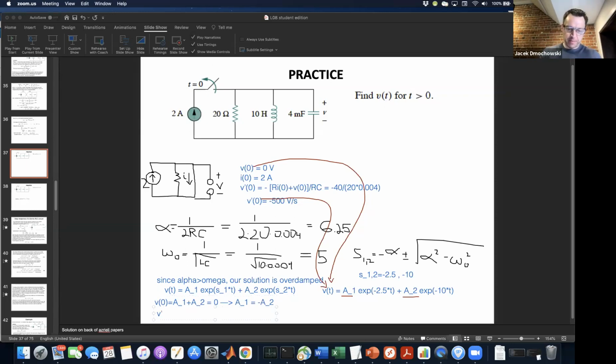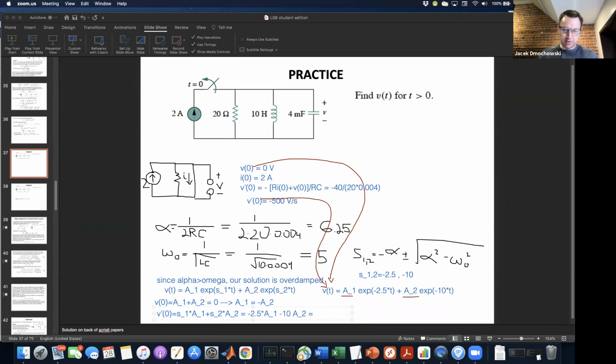And then V prime of 0 ends up being S1 times A1 plus S2 times A2. And that's equal to negative 2.5 times A1 minus 10 times A2.